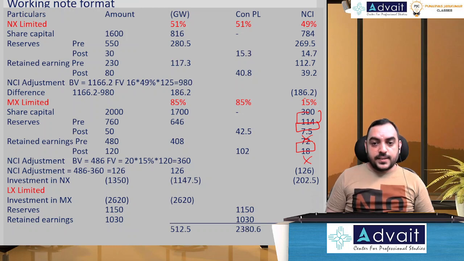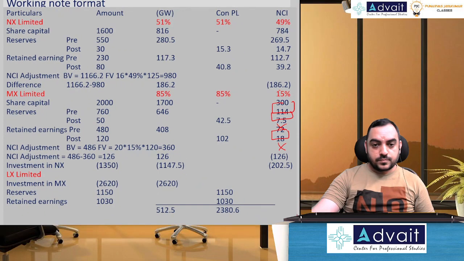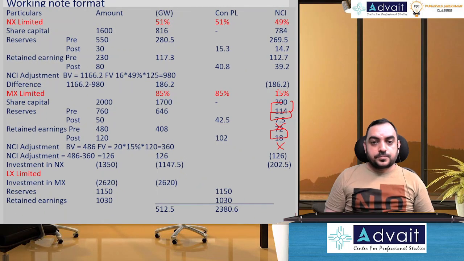And NCI: 784, 269.5, 14.7, 1112.7, 39.2, 186.2, plus 300, 114, 7.5, 72, 18, 126, minus 202.5, 1216.9.